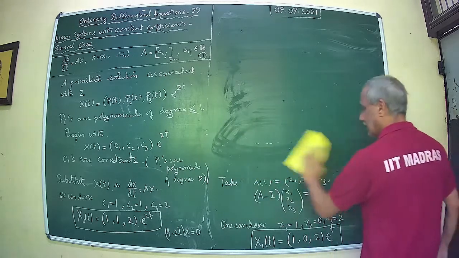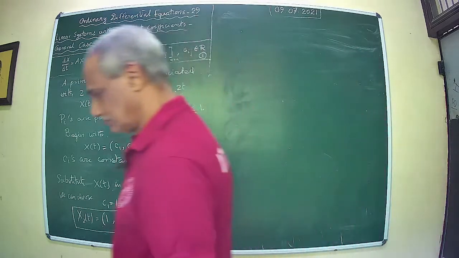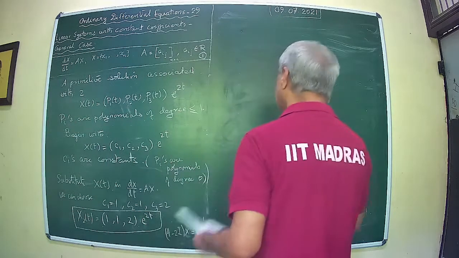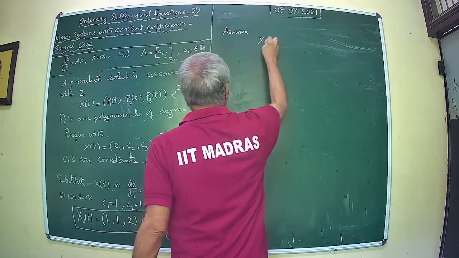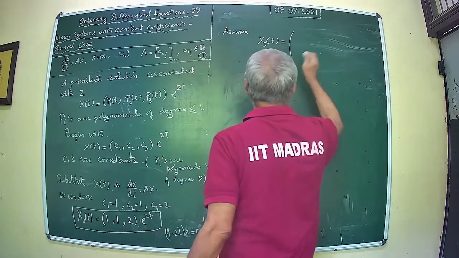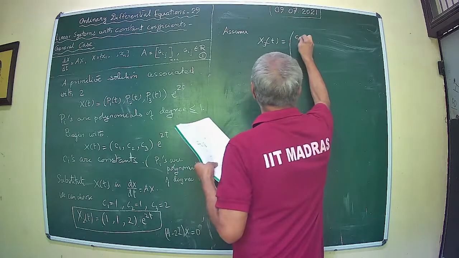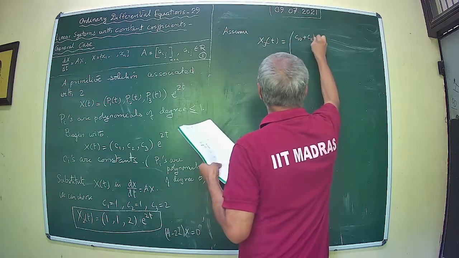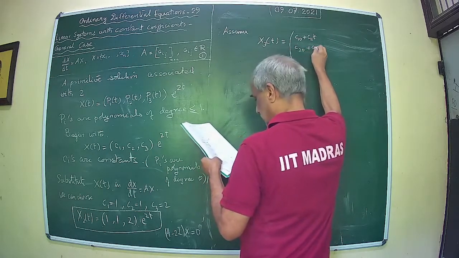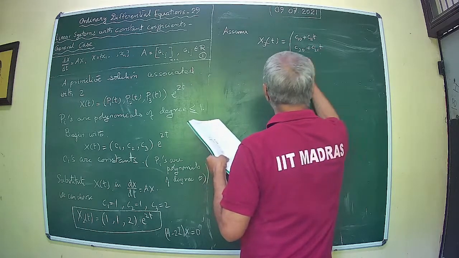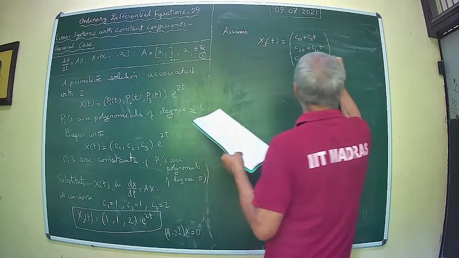Assume something of this type: C10 plus C11 t, C20, and so on. These are polynomials of degree 1.